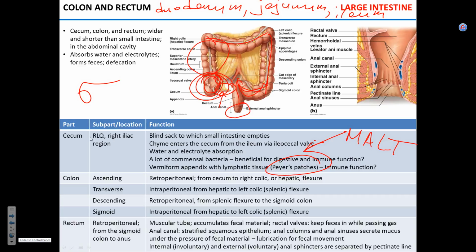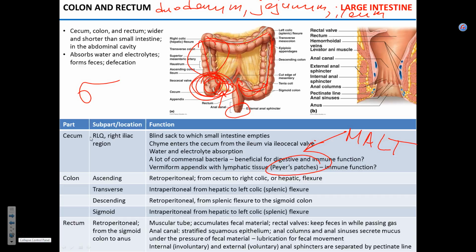Now what we think is that the appendix has immune function and digestive function in terms of the microbes. So now we don't just cut it out. Once the chyme passes that very important region, it goes to the ascending colon.